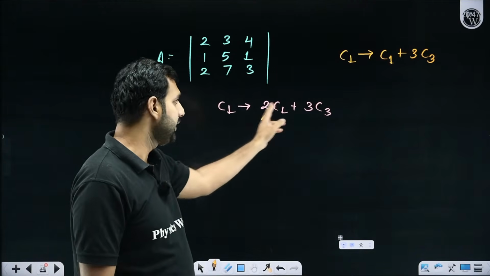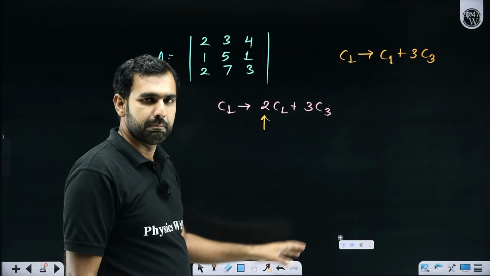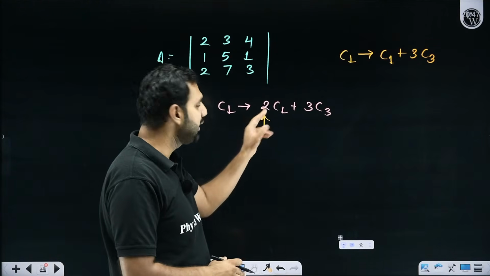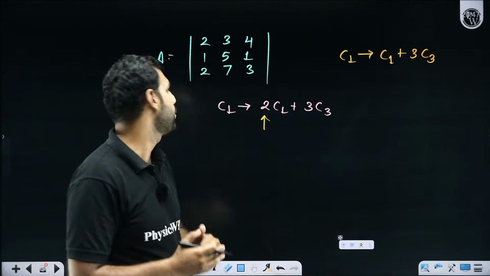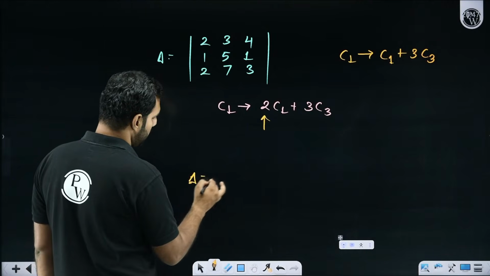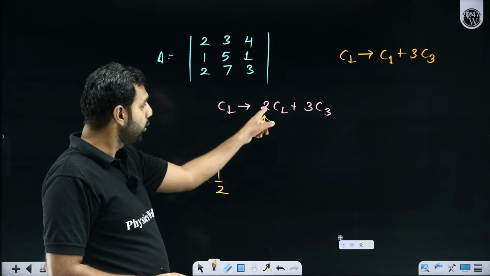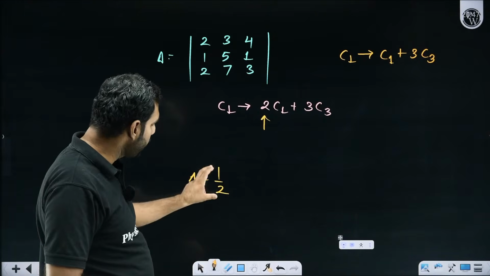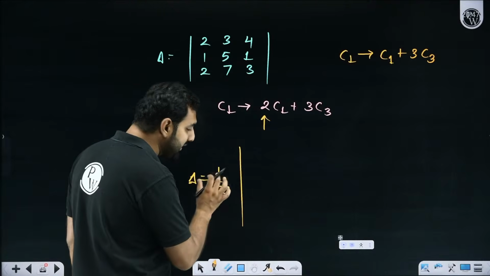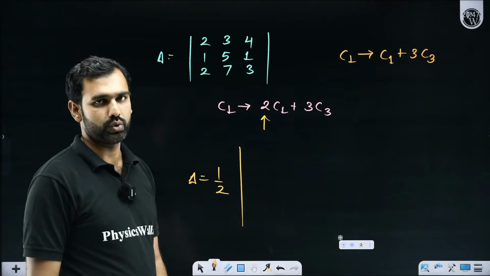So if you want to apply this operation, it's okay, but that whole value should be divided by 2 to balance it out. So if I'm multiplying column 1 by 2 and that column only I'm updating here, I have to append this 1 by 2 here to balance it out.